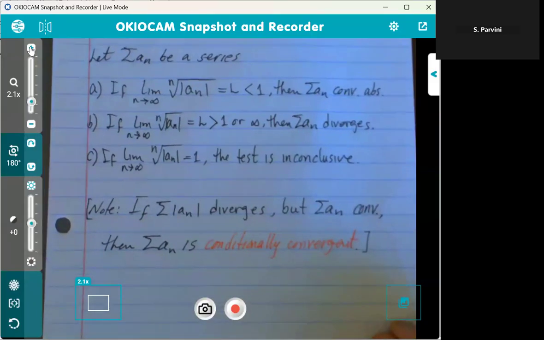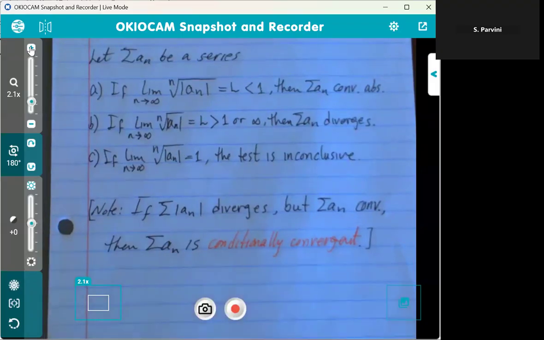And if none of these tests works, that means your series is fairly complicated. So you might want to ask someone in the math department to help you out with this.